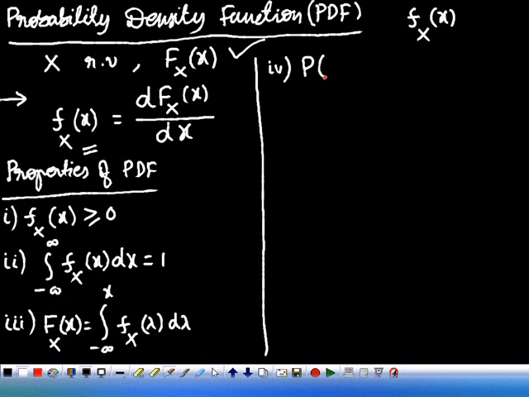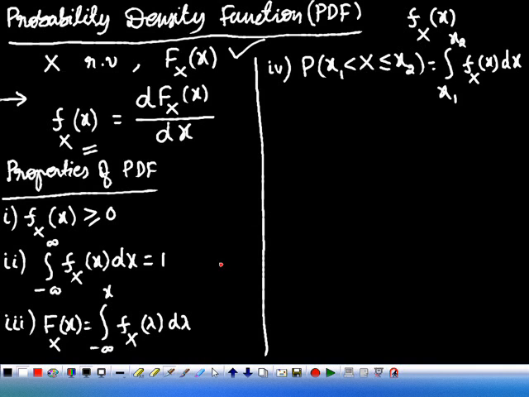And the probability of the random variable x1 less than X less than or equal to x2 is equivalent to the integral from x1 to x2 of fX(x) dx. See, in the previous case, while studying the CDF, we can find the probability of the random variable X lying in between x1 and x2 in terms of FX(x).